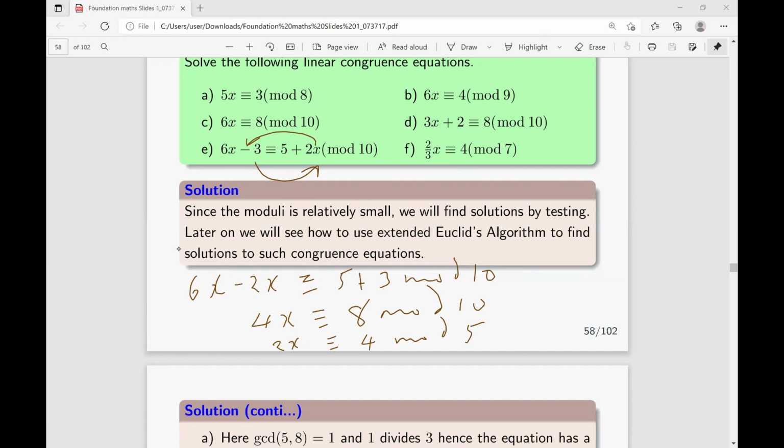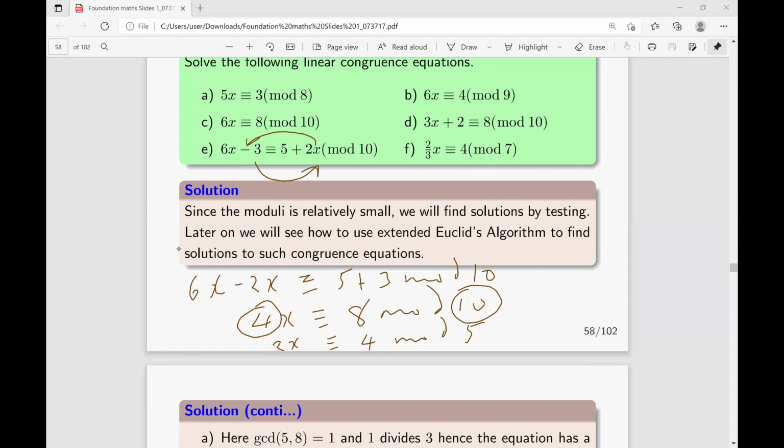So this tells me, therefore, that this has only one solution, because the GCD of 2 and 5 is 1. Is that okay? The GCD of 4 and 5 is 1. Now, if you had worked the original one, you would find the GCD to be 2, and that would say that this system has how many? 2 solutions.